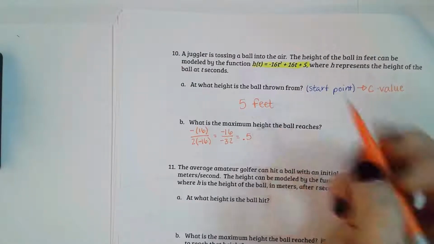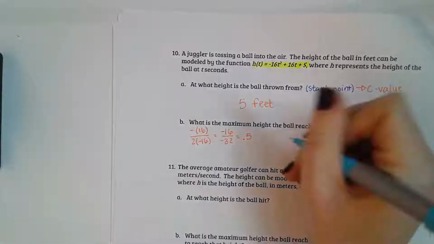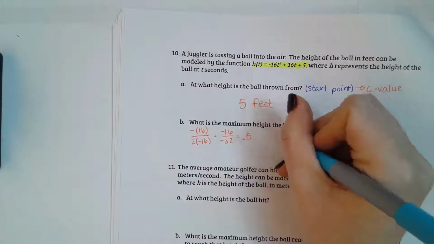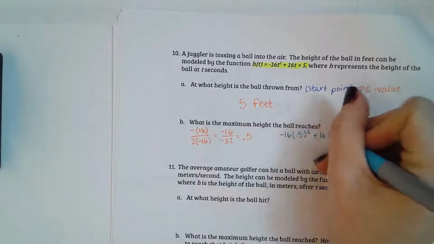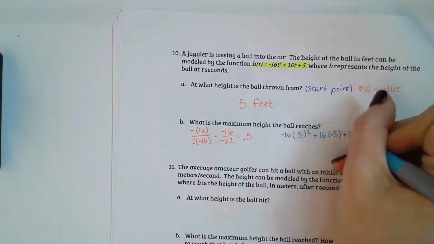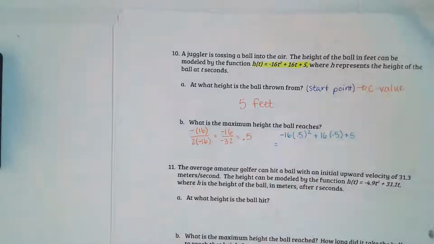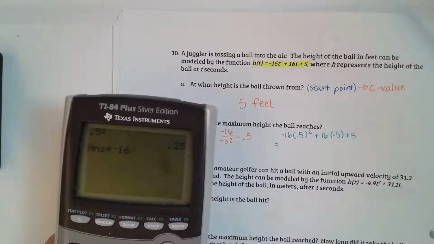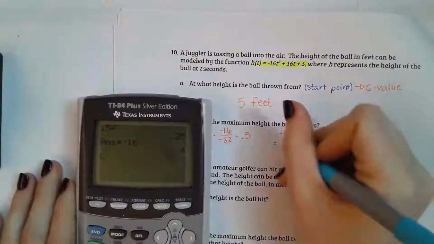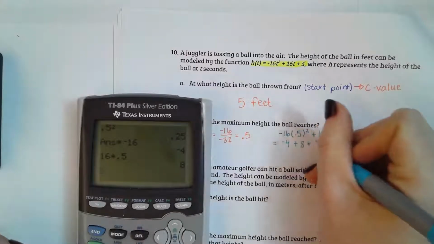Now I'm going to plug that back in. Times a negative 16 is negative 4, plus 16 times 0.5 is 8, plus 5.